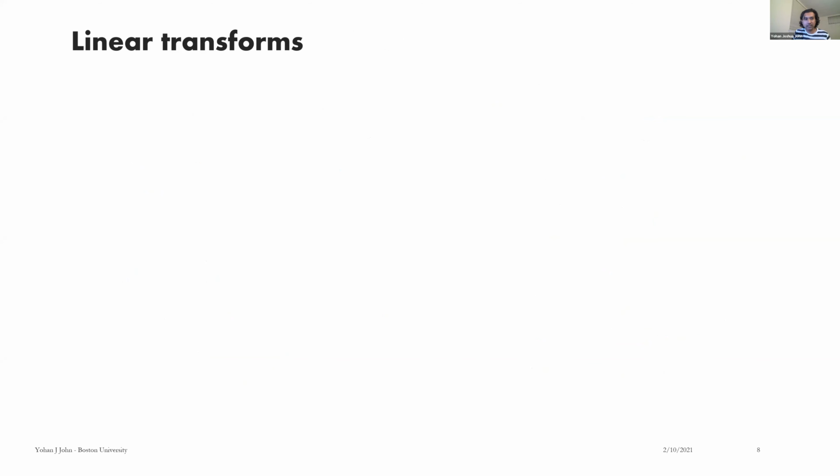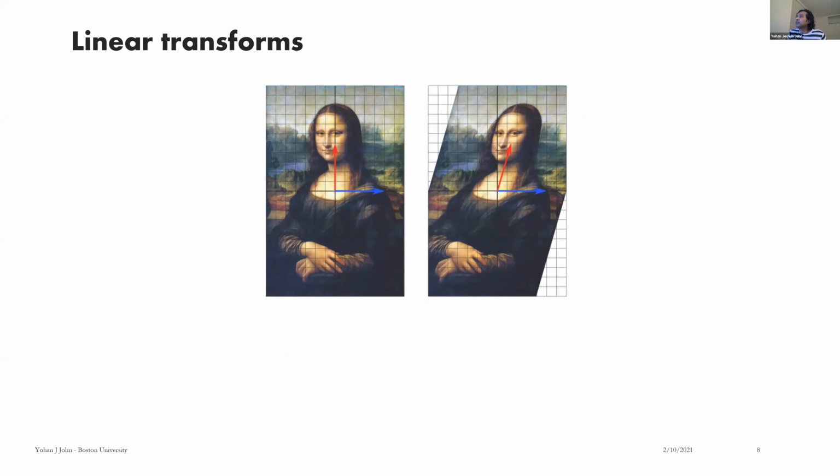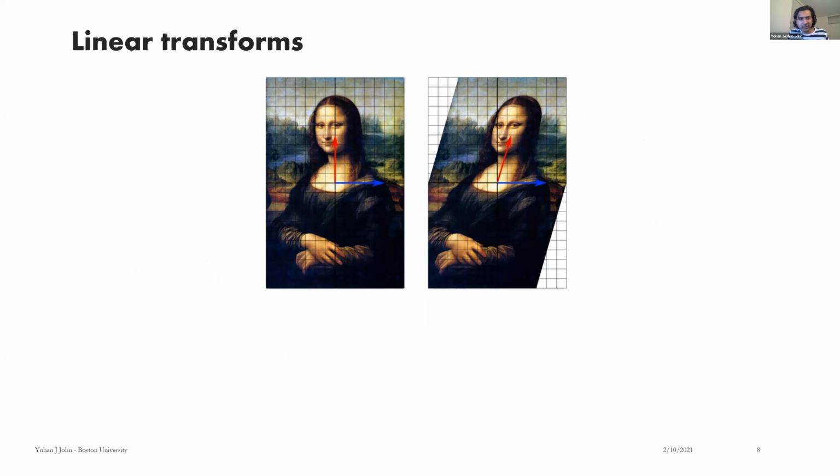Now, just to pause a little bit, multiplying a vector by a matrix is a linear transformation. I always like to really pause and remind myself what a linear transform is. So this is a pretty good example here of a linear transformation of the Mona Lisa.